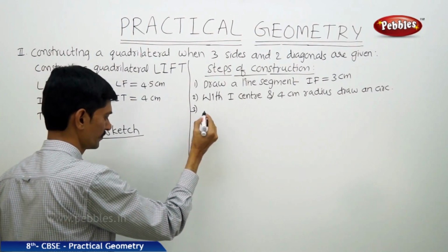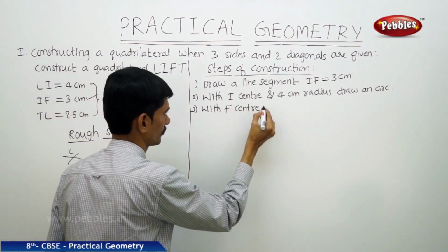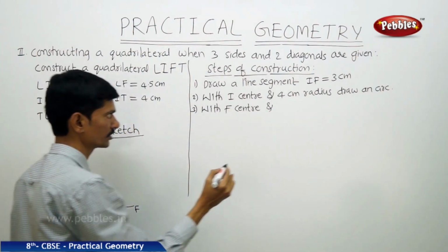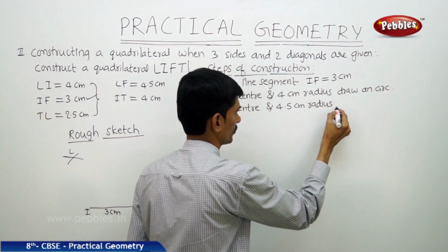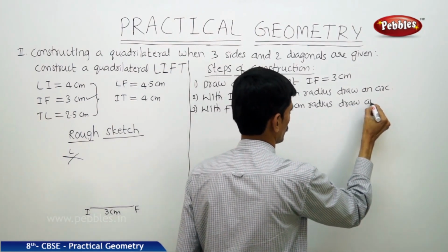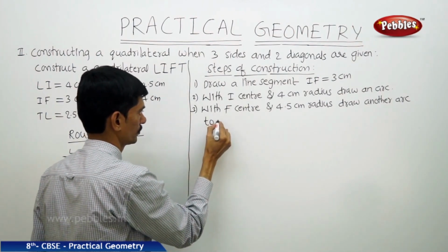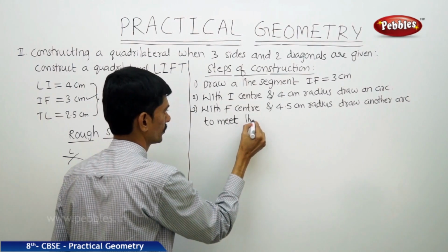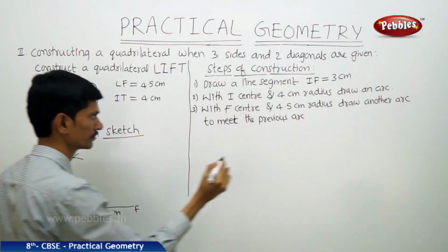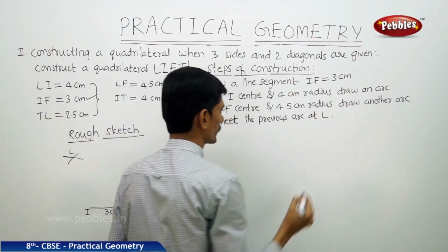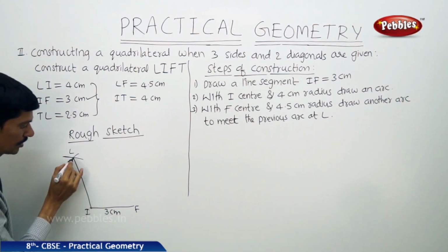So that is the third step. With F as center and 4.5 centimeters radius, draw another arc to meet the previous arc at L, and join LI and LF.